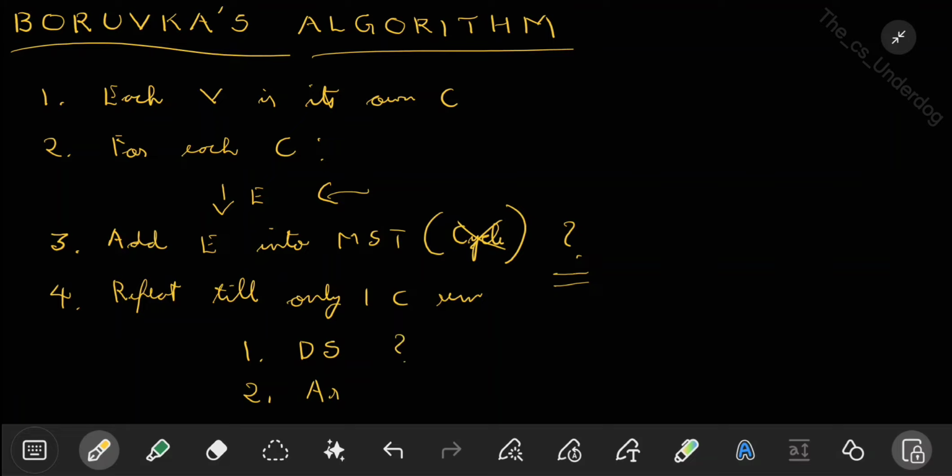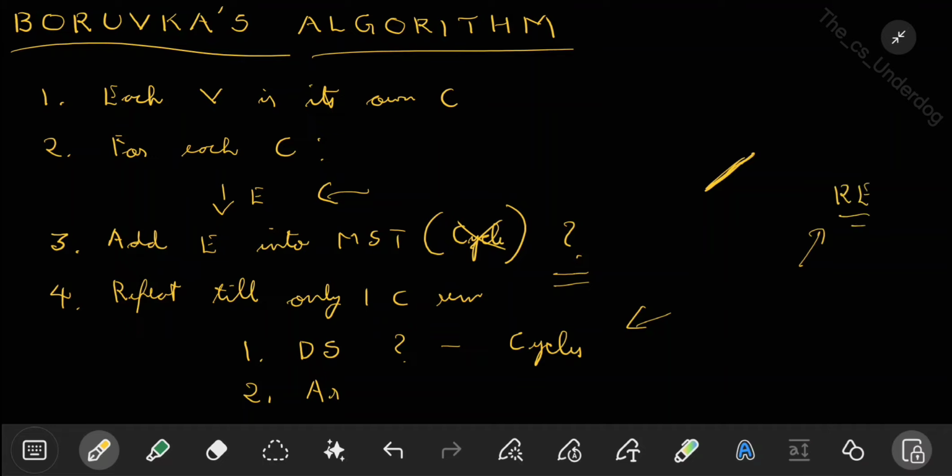Why do you need a disjoint set here? A disjoint set is used for the same purpose as in Kruskal's algorithm. What is that purpose? To detect cycles. Because in a disjoint set, whenever you are trying to form an edge between two vertices which are both part of the same component, both will lead you to the same representative element.